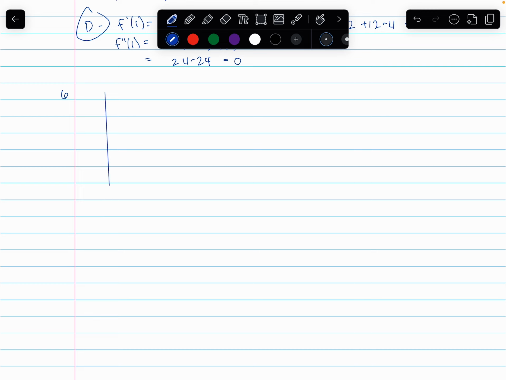So again, I'm going to try and do my best sketch, but it's just going to look like this right here. This is 0. This end is pi halves, and this right here is pi 16ths. Okay, so the graph of f double prime, the second derivative of the continuous function f, is shown on the interval.